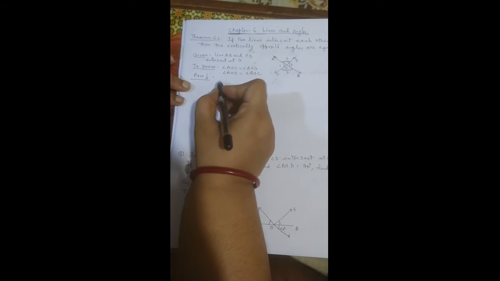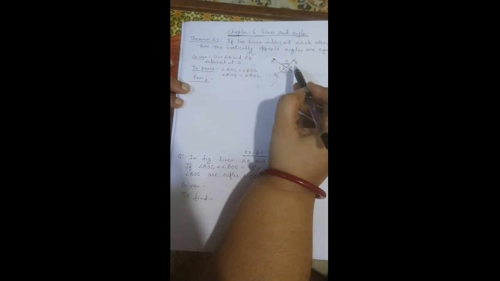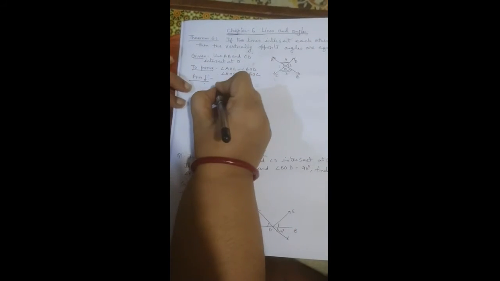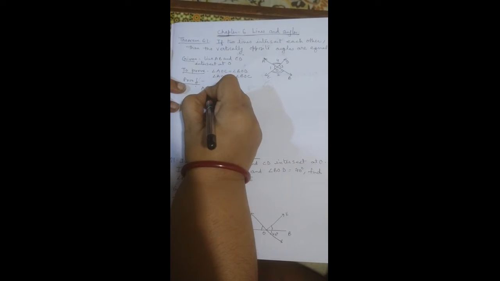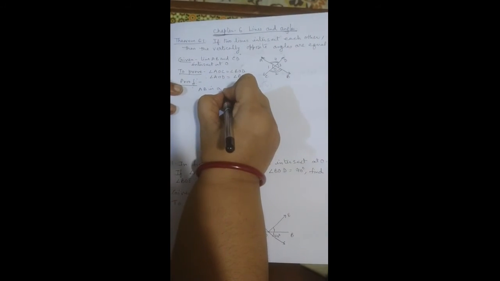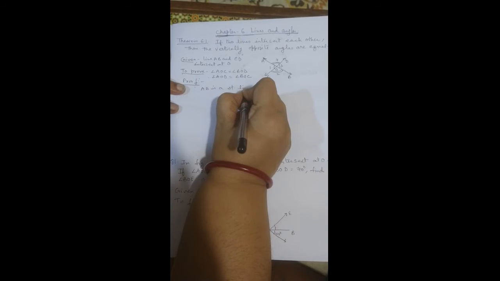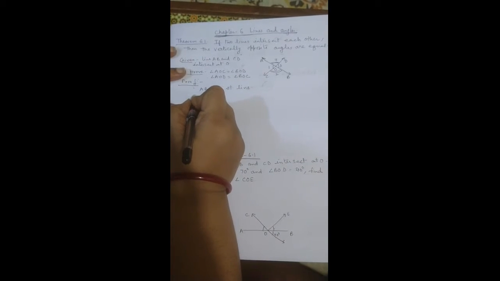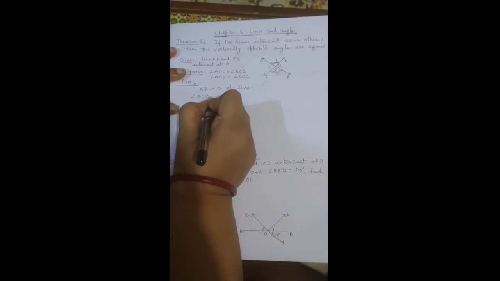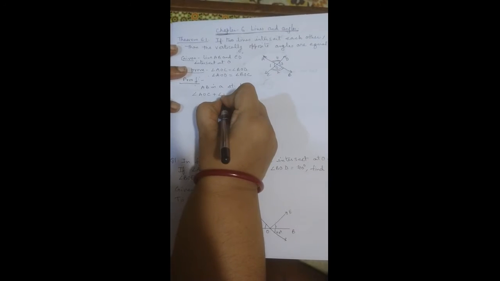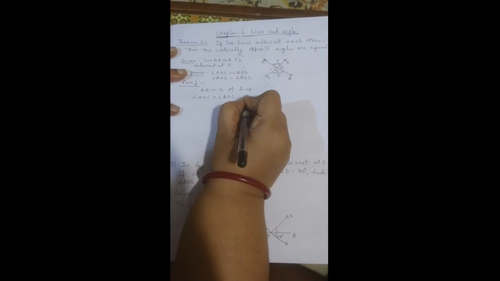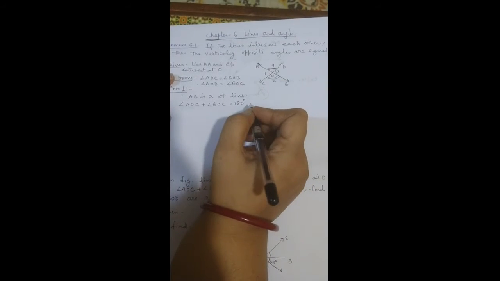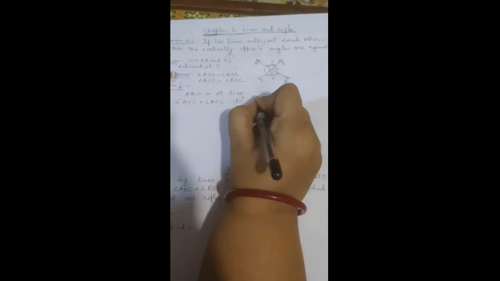So here AB is a straight line, so angle AOC plus angle BOC equals 180 degree, as it is a linear pair.